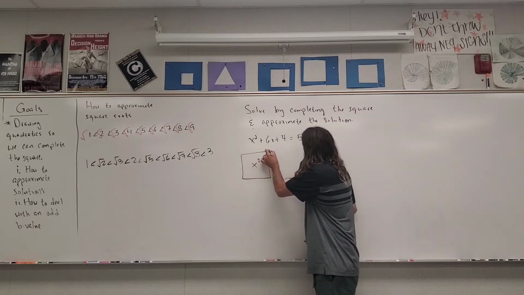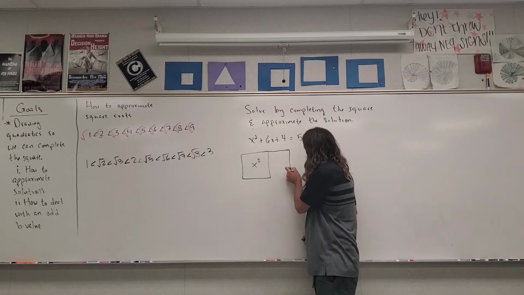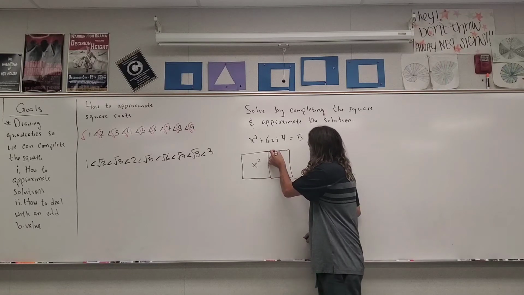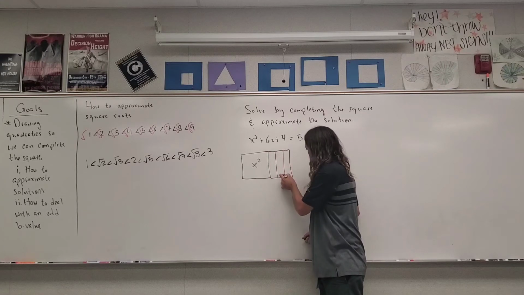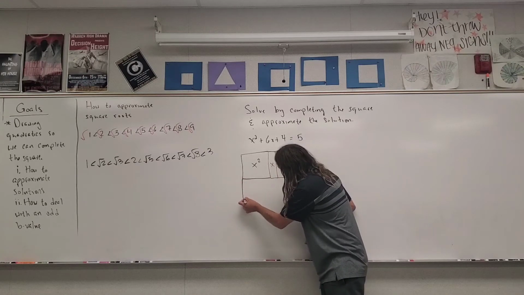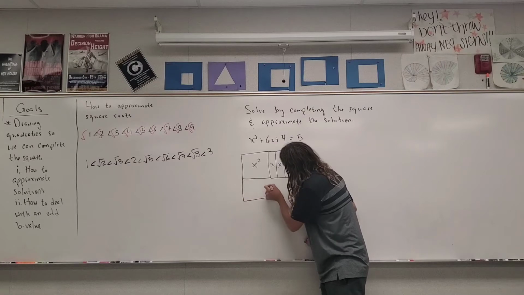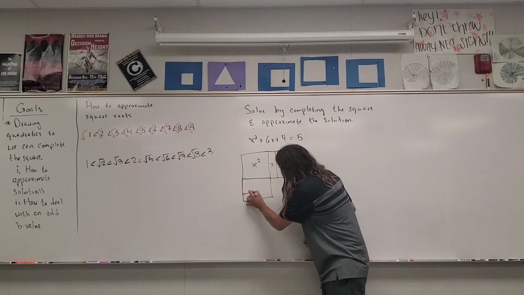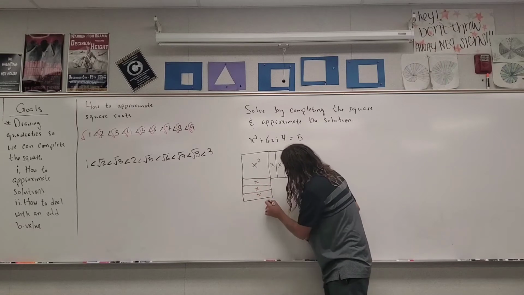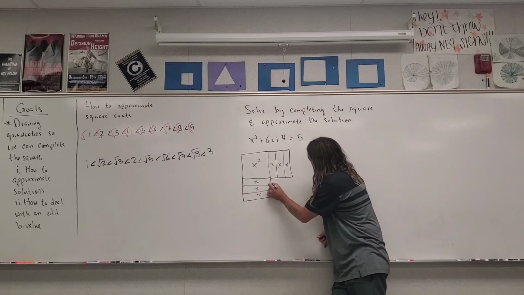I cut my b value in half, so that means that I need 3 x's on each side. And I have 4 little guys.